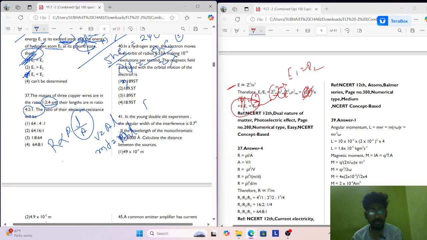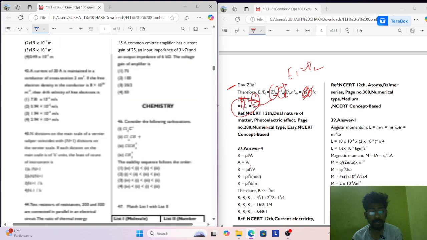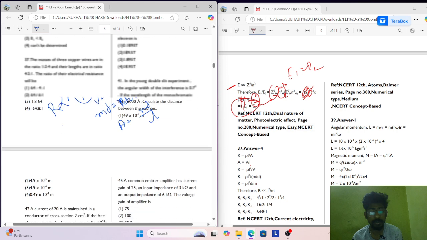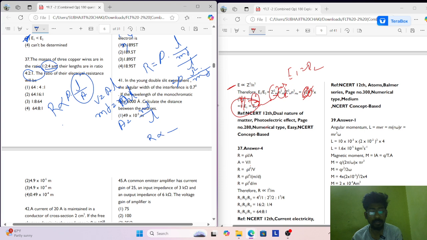So from this we can say A is equal to M by rho L, so R is proportional to L squared by M.